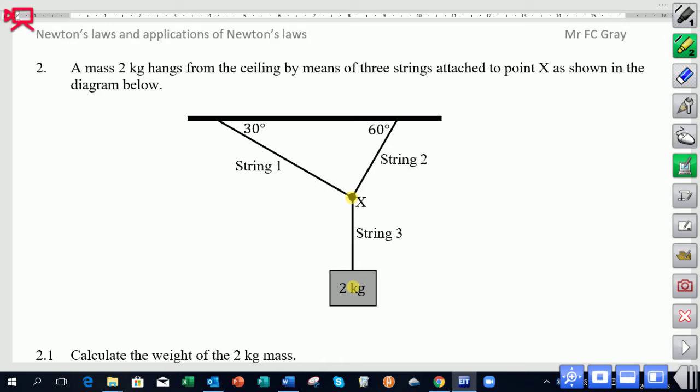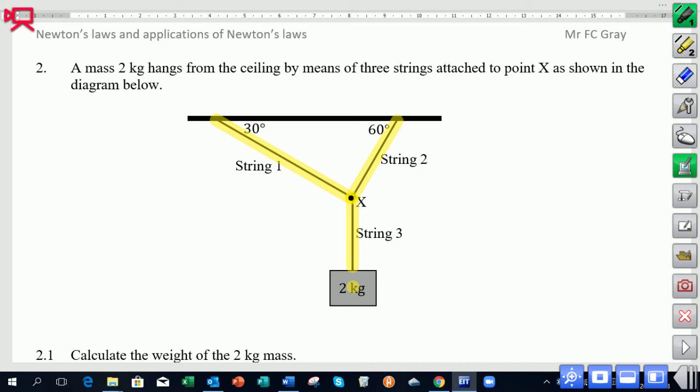So there'll be a tension in that string, there'll be a tension in that string, and a tension in string 1. So all the forces are acting on point X. We need to identify where all the forces are acting, and in this case they're acting on point X.